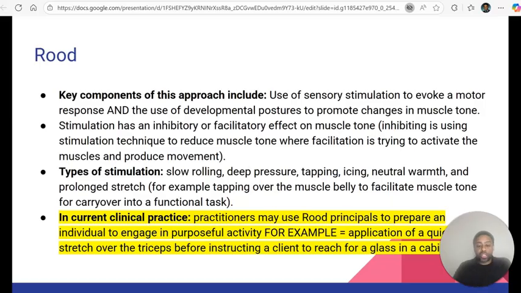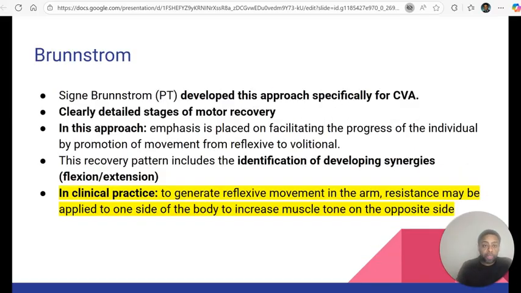For example, application of a quick stretch over the spastic muscle before having the person use the arm to do something functional. Or, if a muscle is not quite activated, for instance, you have a person engage in functional reach, but the triceps are not well activated for the person to produce the optimal movement, then you can tap the triceps to get the person to engage in that functional reach. So it is an adjunct or complementary to a task-oriented approach.